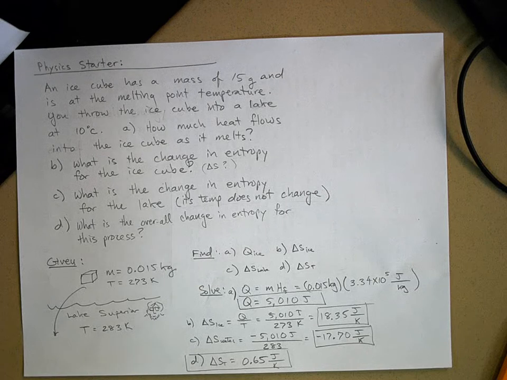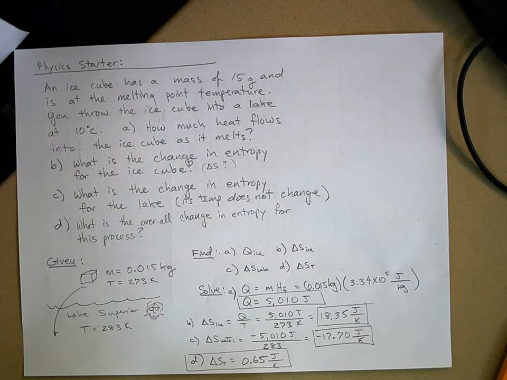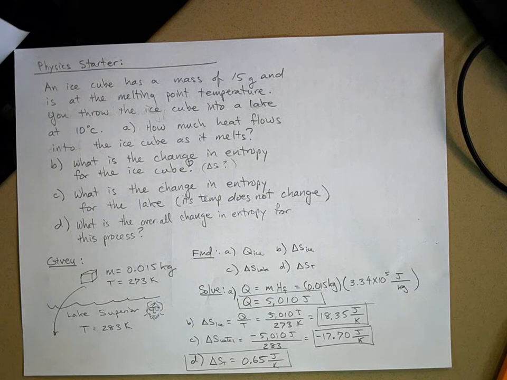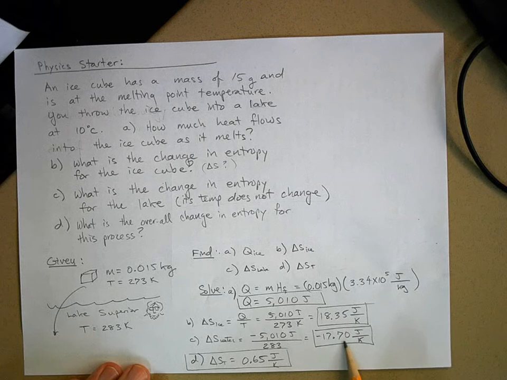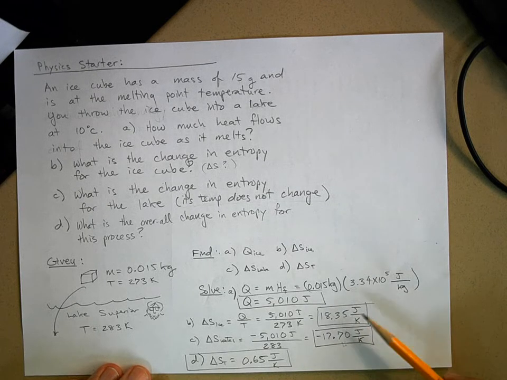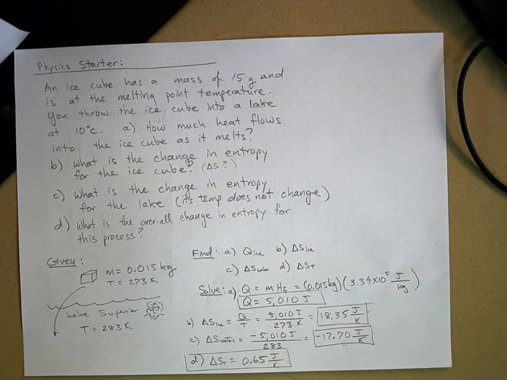In any closed process where heat leaves a high temperature and flows into a low temperature, this has to always be positive. Overall change. Like the water, we extracted heat from it, so its entropy decreased. But the increase in entropy for the ice was greater than the decrease for the water, so overall we had an increase.